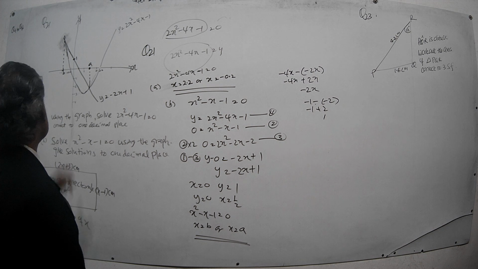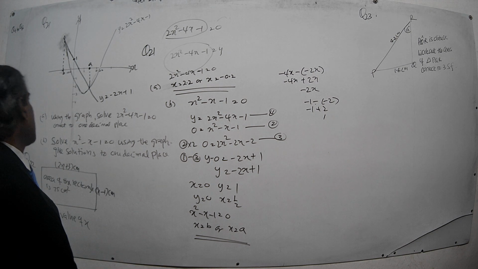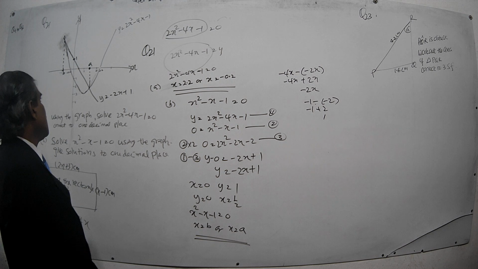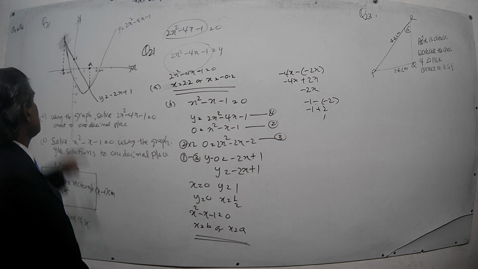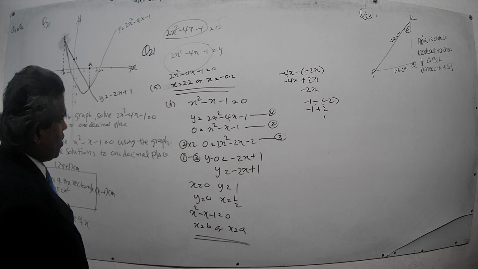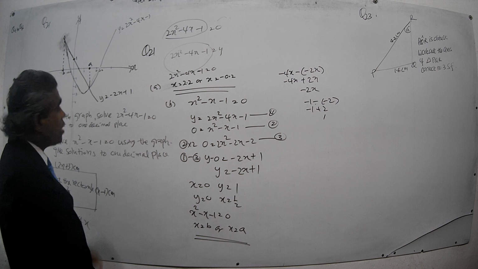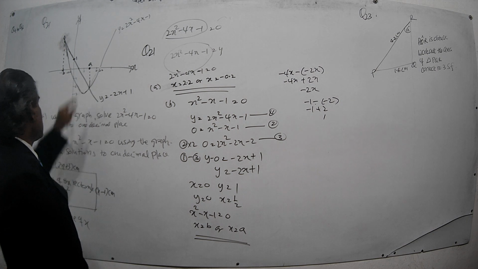So on your question paper, the graph has been drawn and given on graph paper. Therefore, draw this straight line correctly on the graph paper on which this quadratic graph has been drawn. Then you can get the correct answers.